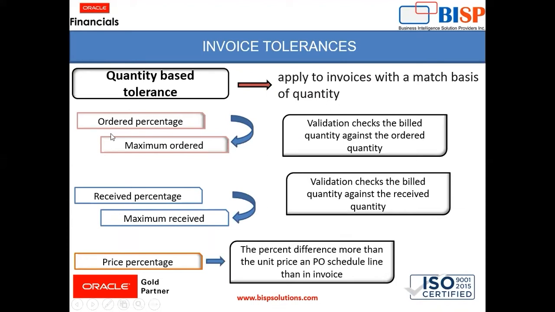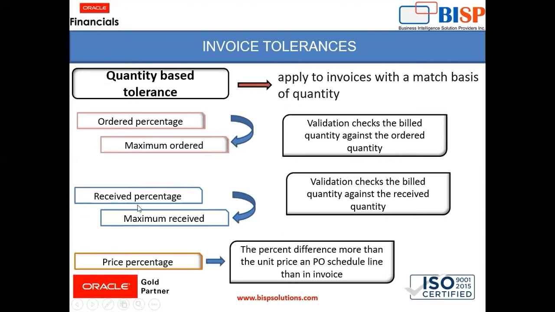First, ordered percentage, and second, maximum ordered. In both cases, at the time of validation, it checks the billed quantity against the ordered quantity. But the difference between the two is that one gives the difference in percentage, while the other gives the difference in quantity form.